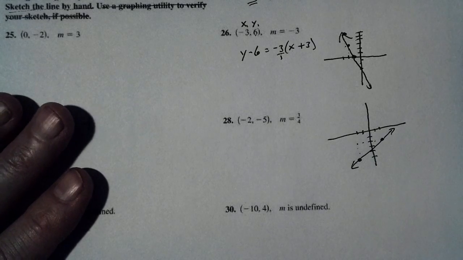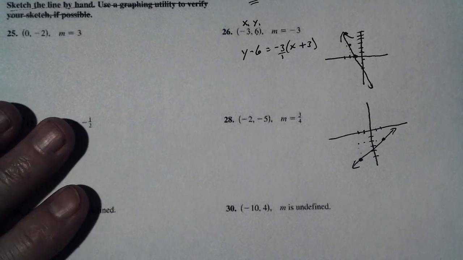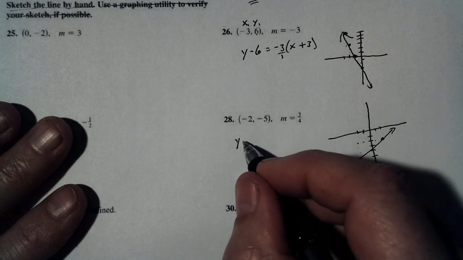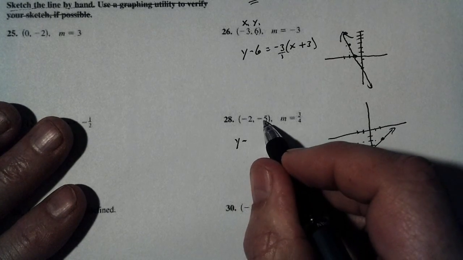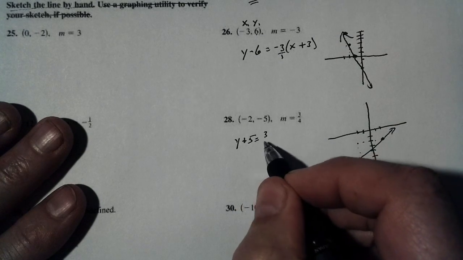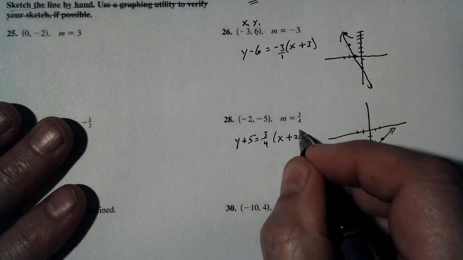It looks like that. We don't need to have it in slope-intercept form to get a graph of it. We can have it in point-slope form. y minus the y coordinate, so that's y minus -5, y plus 5 equals slope 3/4 times x minus -2, x plus 2.